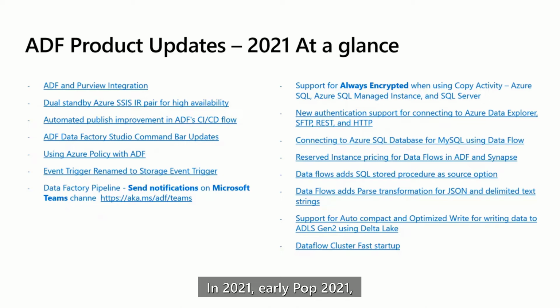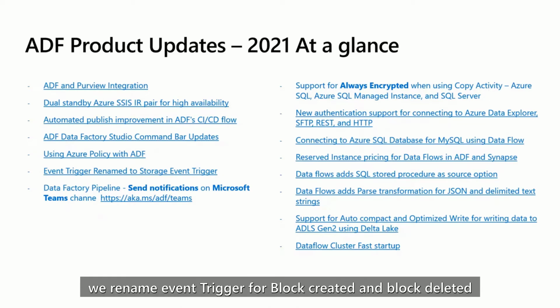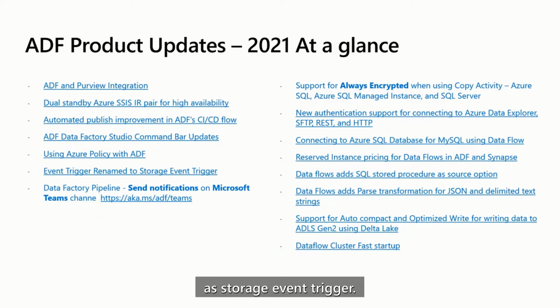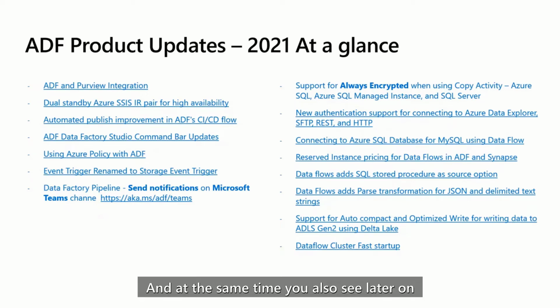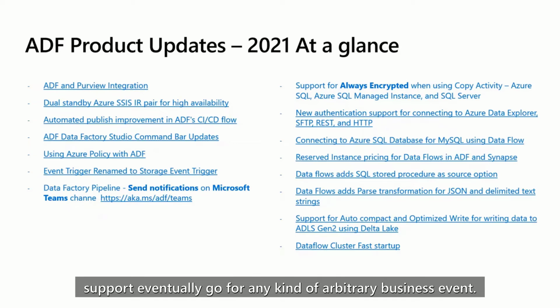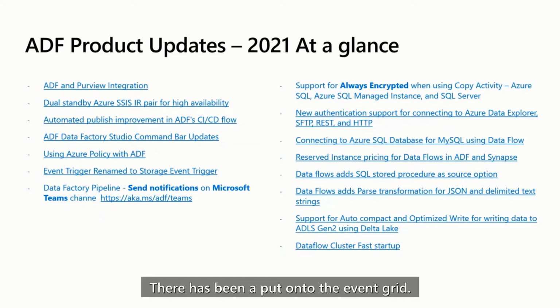In early 2021, we renamed event trigger for blob created and blob deleted as storage event trigger. And you also see later on in the spotlight that we now support event trigger for any kind of arbitrary business event that has been put onto the event grid.